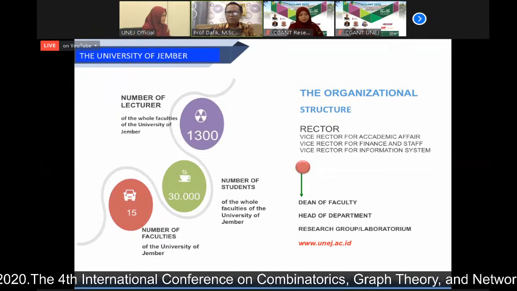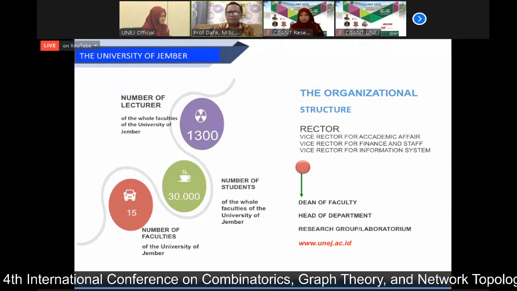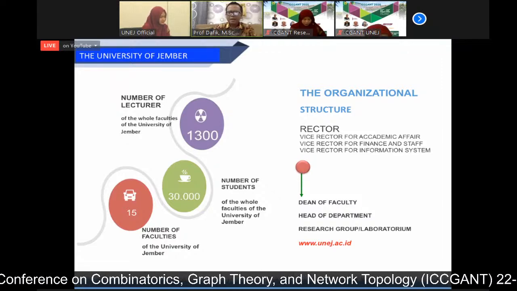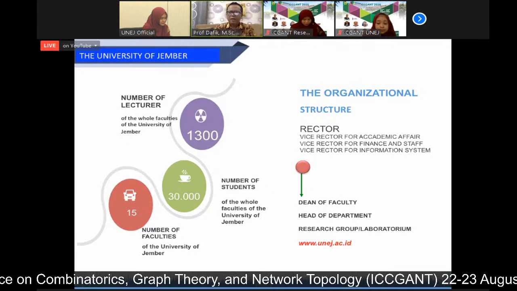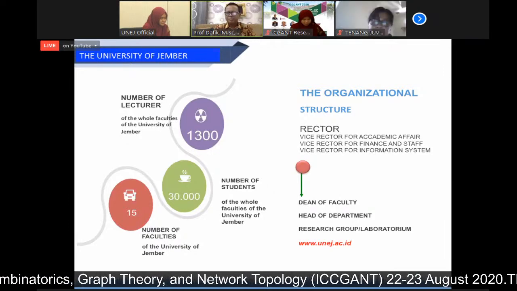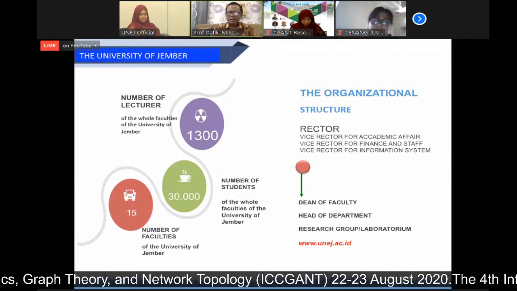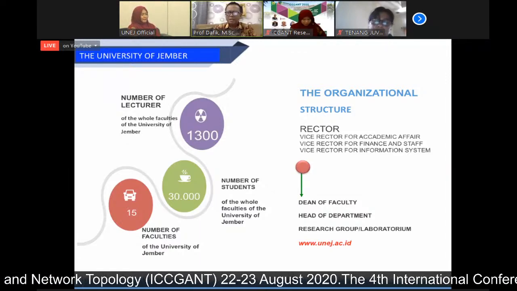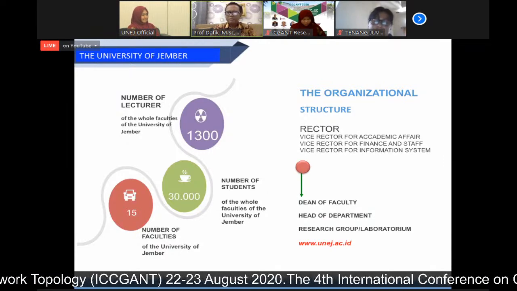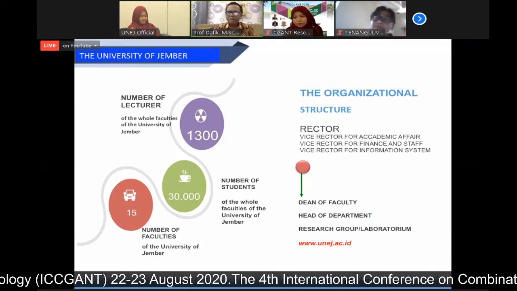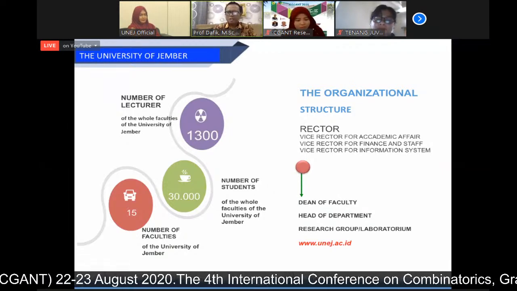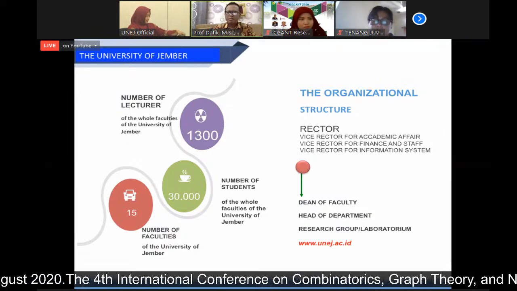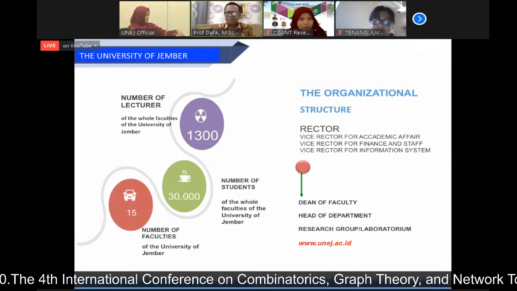Currently, our university has 15 faculties and 30,000 students. In each faculty, we have a lot of research groups, in the departmental level as well as in the faculty level, and we also have research groups in the university level as a Center of Excellence of the University of Jember.